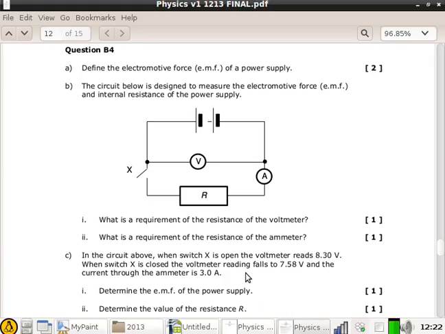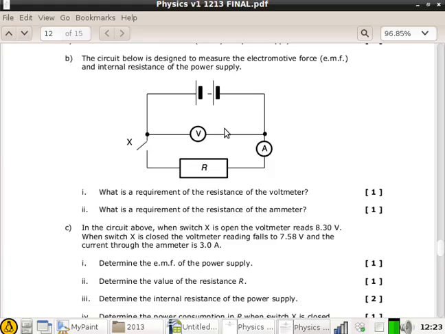So the first one is a high resistance voltmeter and a low resistance ammeter. Okay, did you write that down? Yeah. So let's have a look at the next part.